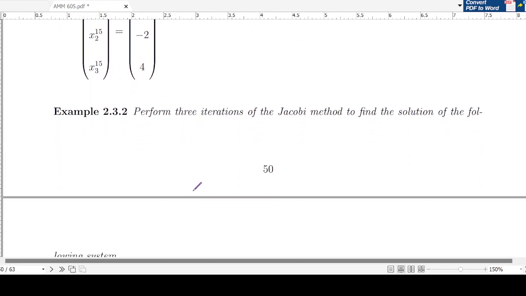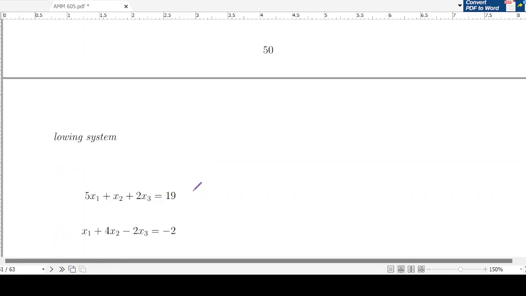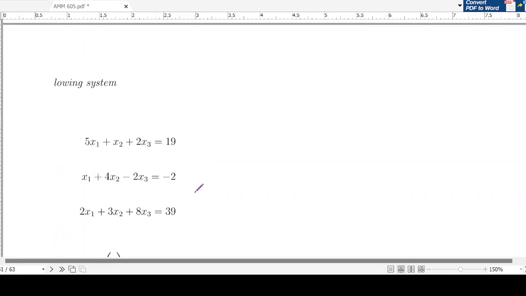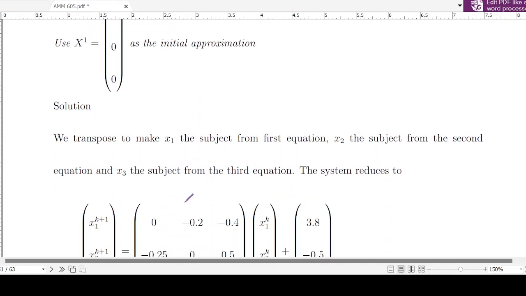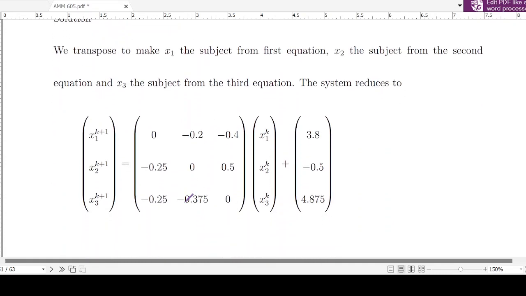Sometimes we may want to perform just a few iterations. We are given a system like this. We want to start with an initial approximation 1, 0, 0 and perform only 3 iterations. So you transpose the system to make x1 the subject in the first equation, x2 the subject in the second equation, and x3 the subject in the third equation.